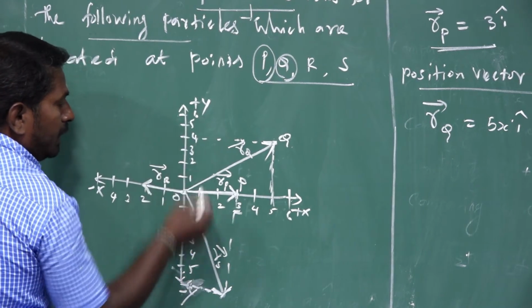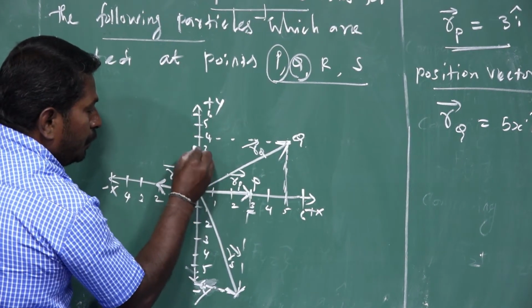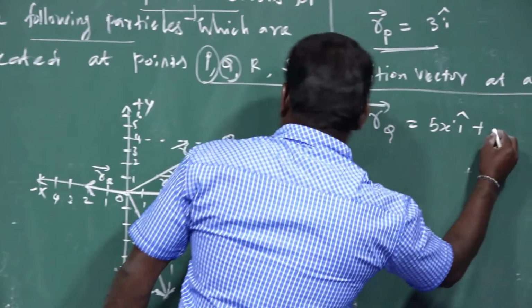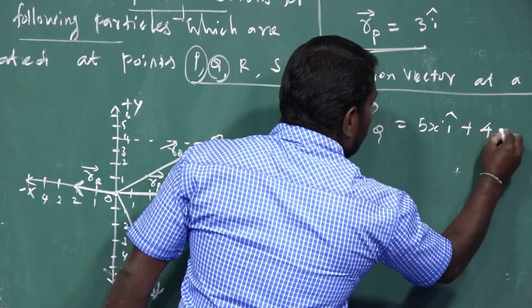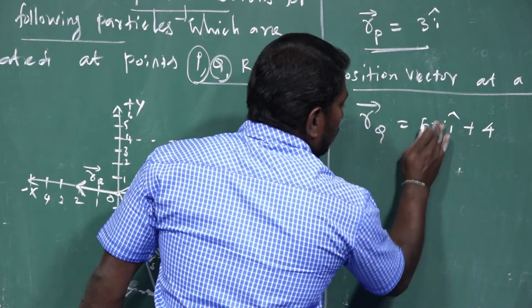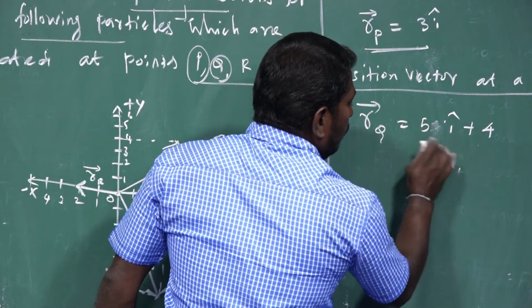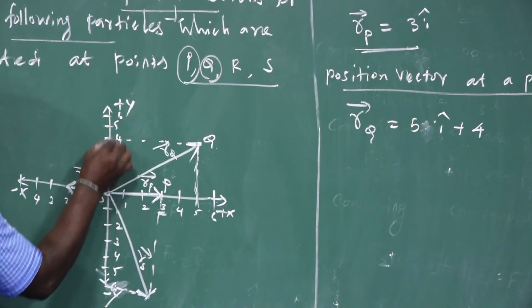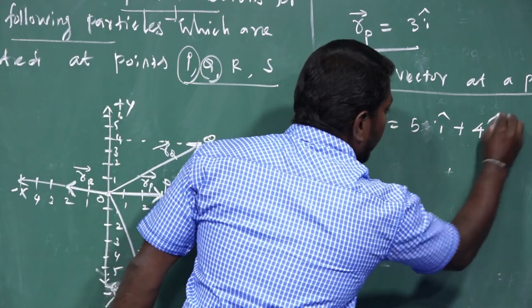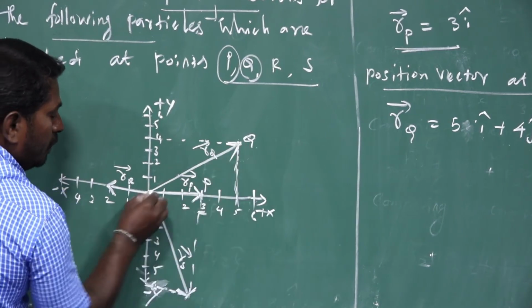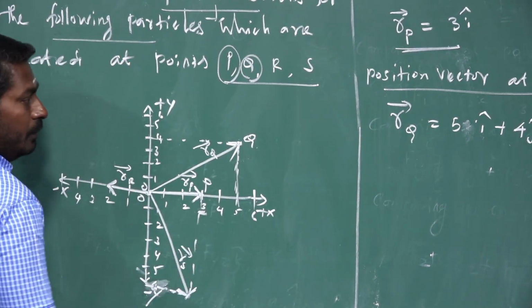Then see the y-axis. 1, 2, 3, 4. Positive y-axis, plus 4. So 5 i cap plus, along the y-axis 1, 2, 3, 4, 4 j cap. This is the position vector at point Q starting from the origin O.